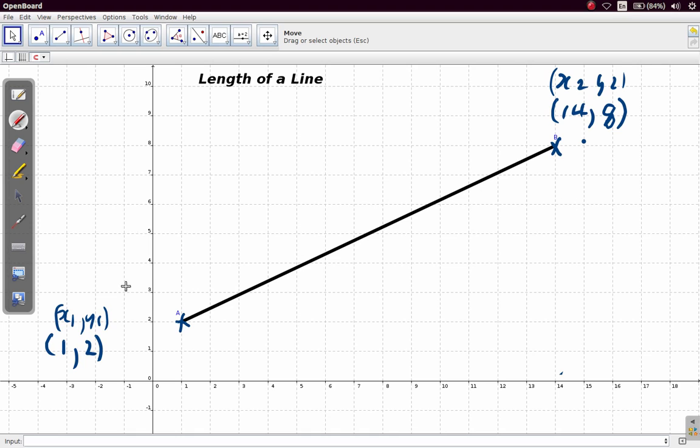You use what is called Pythagoras theorem. Let us draw a line going across from A. I'm trying to make it straight. I'm using freehand here.